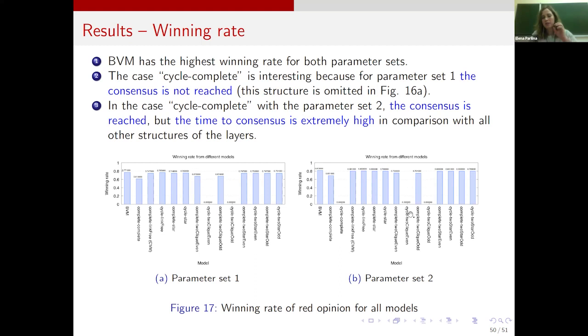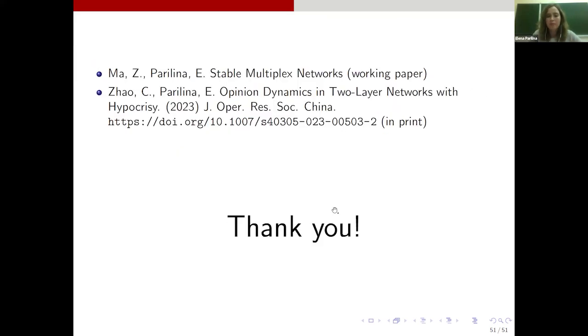So you need to focus on these structures if you want to redistribute opinions. And also here we do not have cycle complete, but in parameter set 2, we have the structure, but the winning rate is very low.